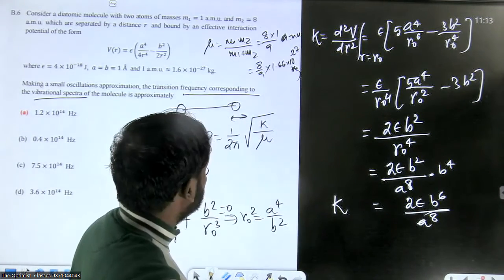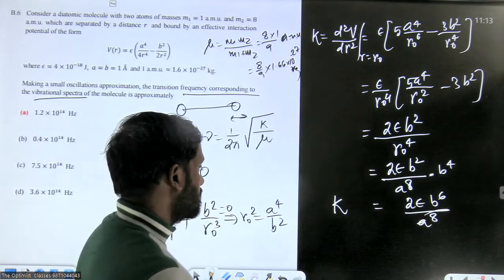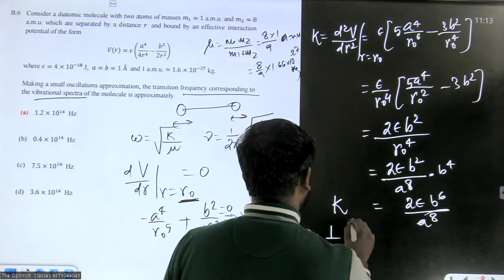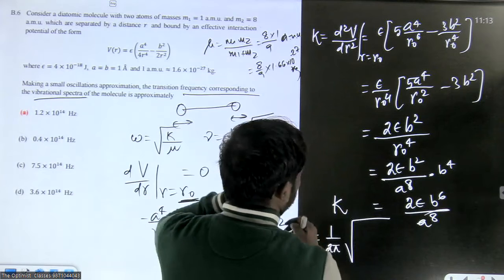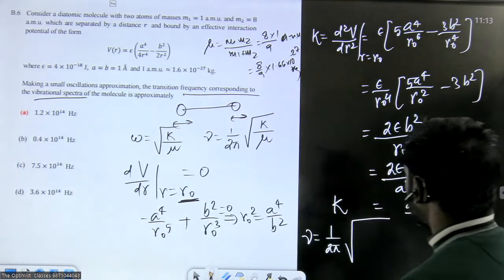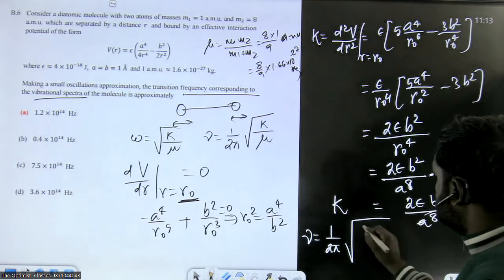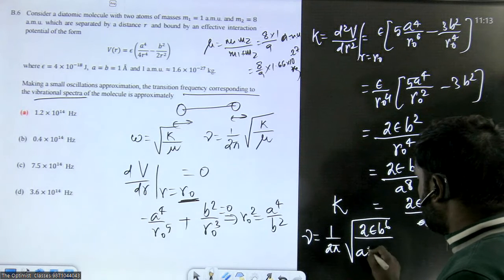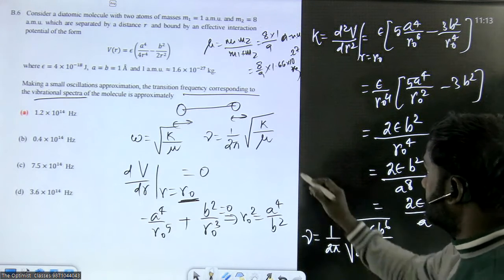So this is the value of k, and therefore nu we can calculate as 1 by 2 pi root under k. So this k we have to put here. If you put this k, we get 2 epsilon b power 6 by a power 8, and here mu, the reduced mass.